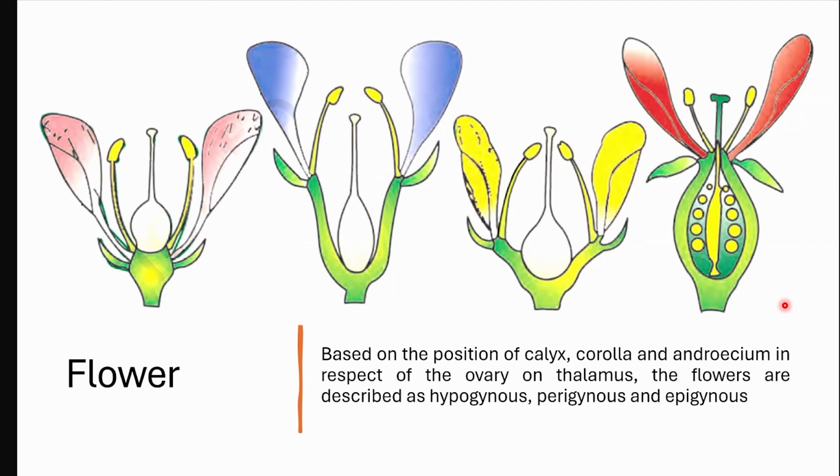Based on the position of the calyx, corolla, and androecium in respect of the ovary on the thalamus, the ovary being a part of the gynoecium, the outer three whorls and their arrangement with respect to the innermost one, the gynoecium or ovary or the thalamus, the flowers are described as either hypogynous, this one, or perigynous, like this, or epigynous, like this. So let us discuss in detail what each of these means.